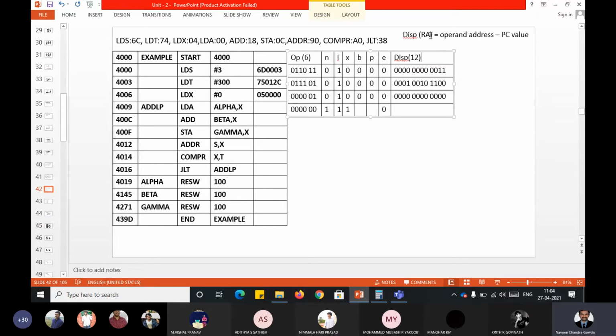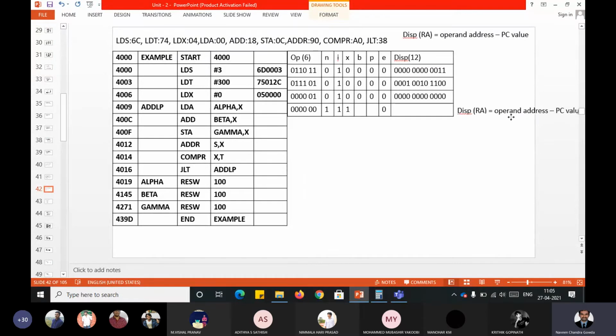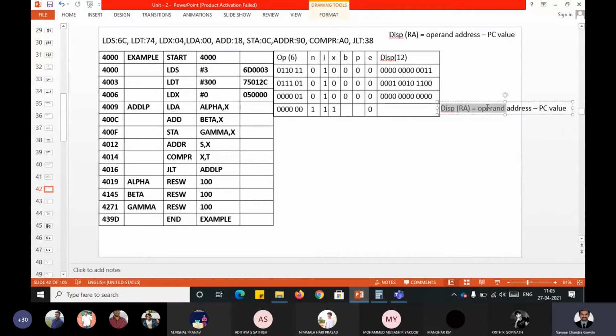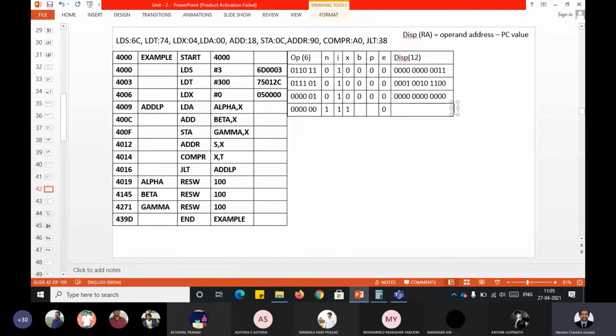Then let us find out the displacement. Let me make use of the formula: operand address minus PC value. Here, what is the operand? Alpha is the operand. What is the address of alpha? It is 4019. So 4019 is the operand address minus PC value. When I am working with this instruction, PC will be holding the next address, which is 400C.